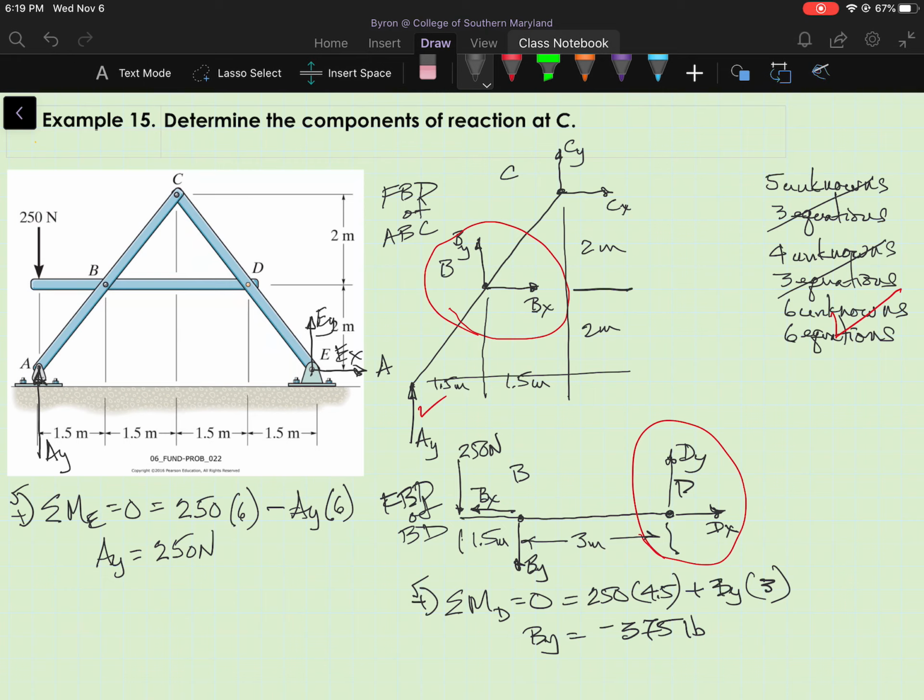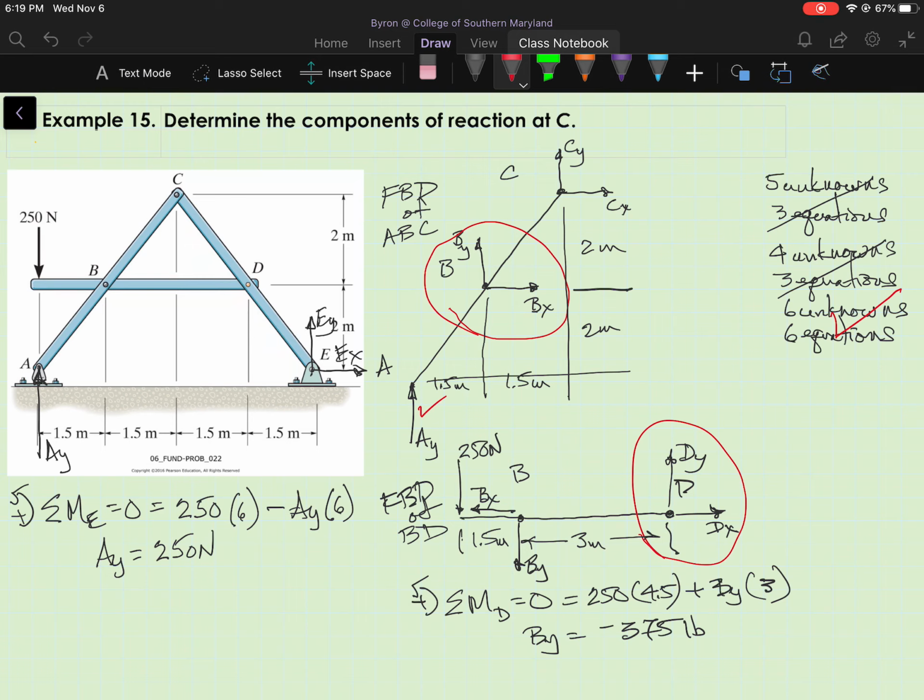So that negative sign tells me that I assumed the incorrect direction for B sub y, which is not a big deal. We don't know by looking at the frame necessarily what sense the unknowns are going to have.